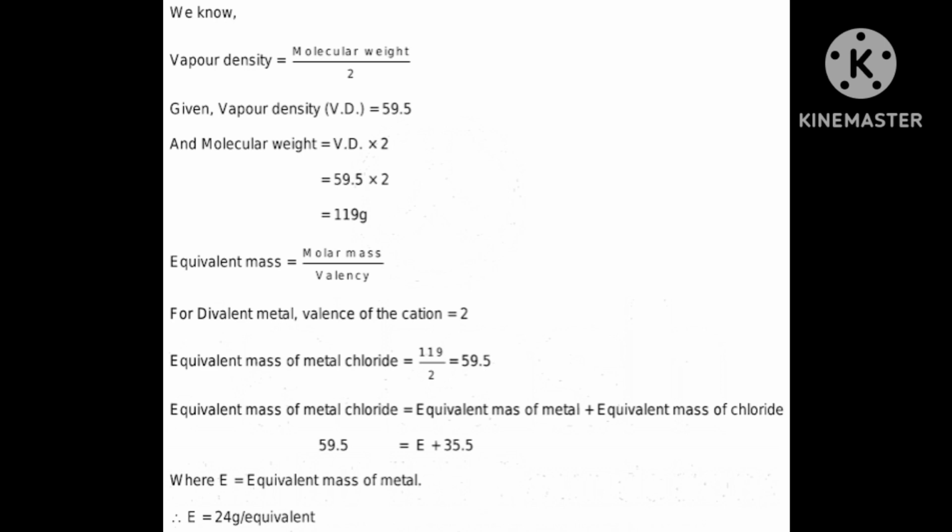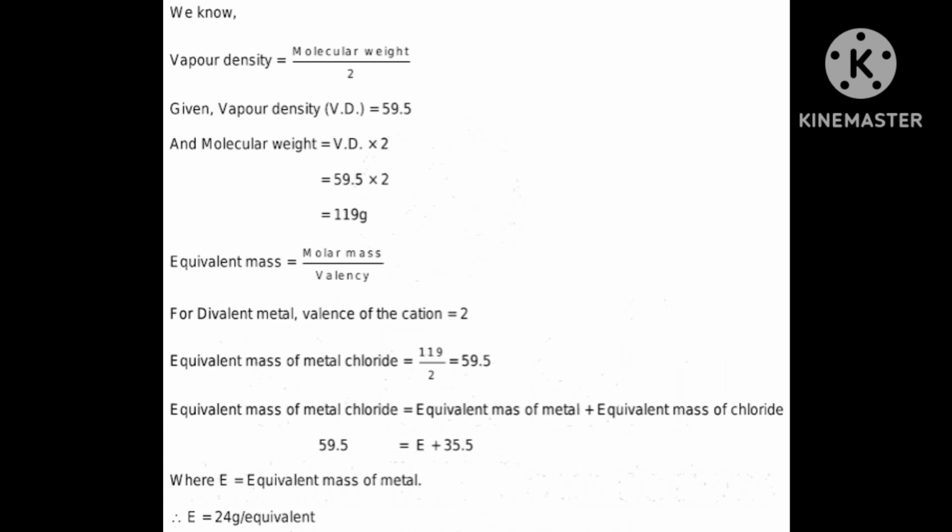These are the exceptions; here it will not apply. Then approximate atomic weight is equal to 6.4 divided by specific heat, and this is the approximate atomic weight.